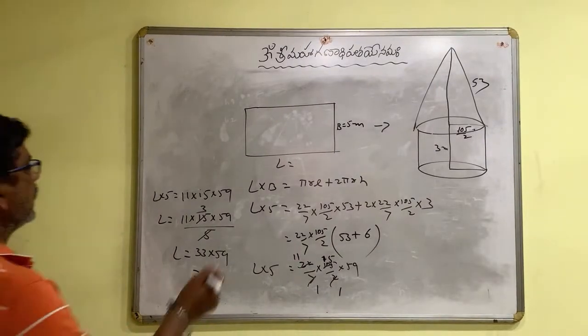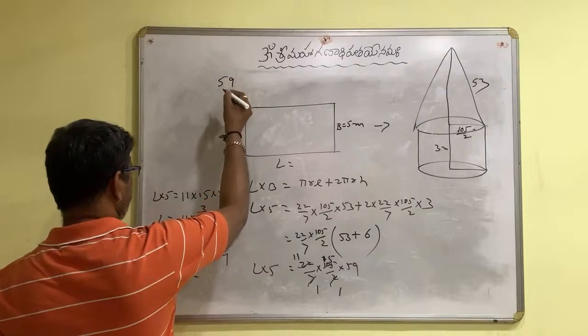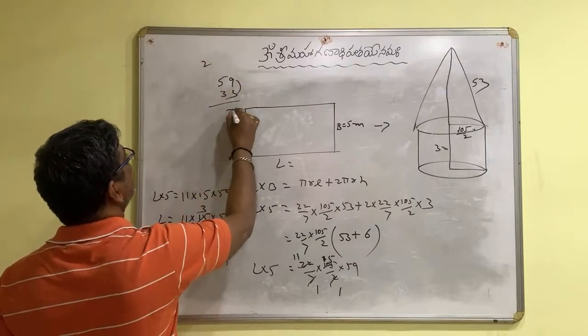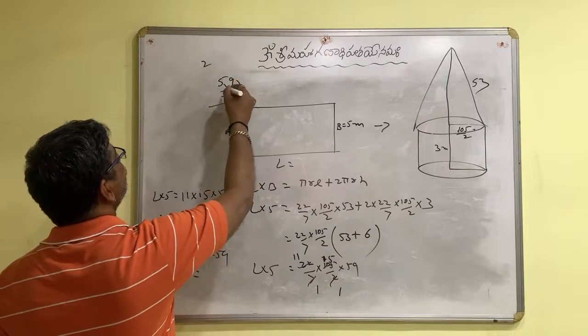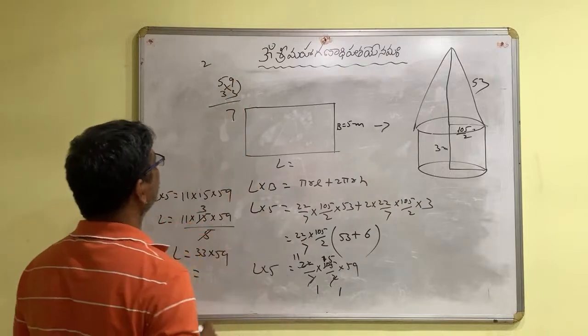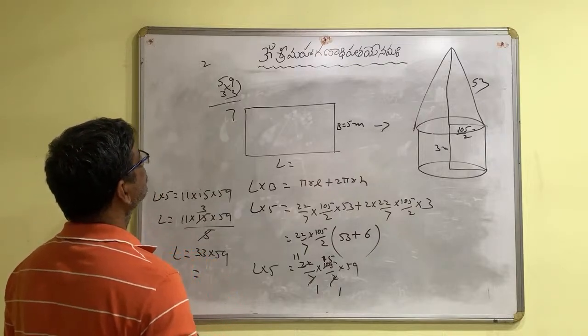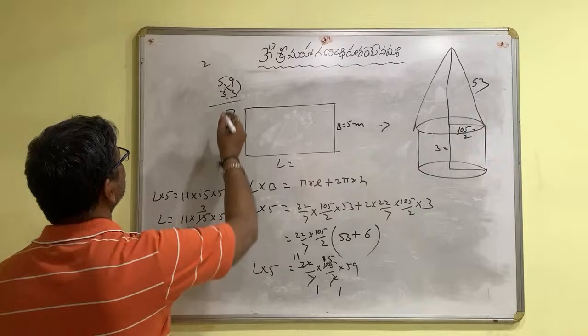Apply the multiplication. 59, 33. 9 threes are 27. 15 plus 27, how much? 42.